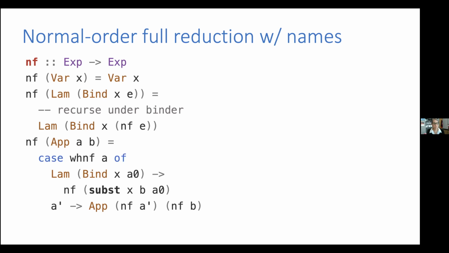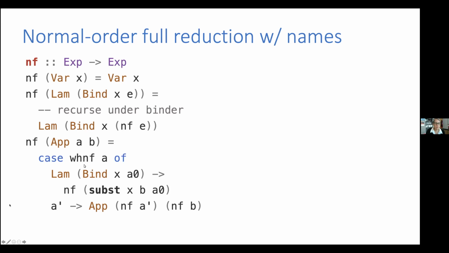In an application, when we're doing this normal order full reduction, if we have an application, we first expose the weak head normal form of the first component of the application. If that happens to be a lambda expression, that's when we do a beta reduction.